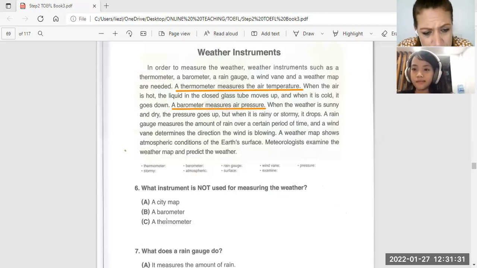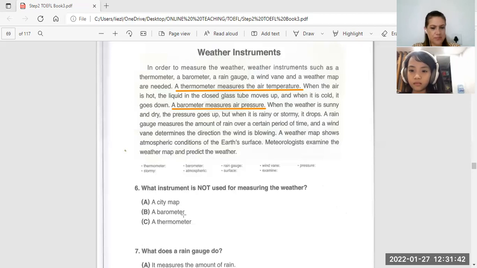A city map, a map of the city. Does that one measure the weather? Which one does not measure the weather? Number? B.